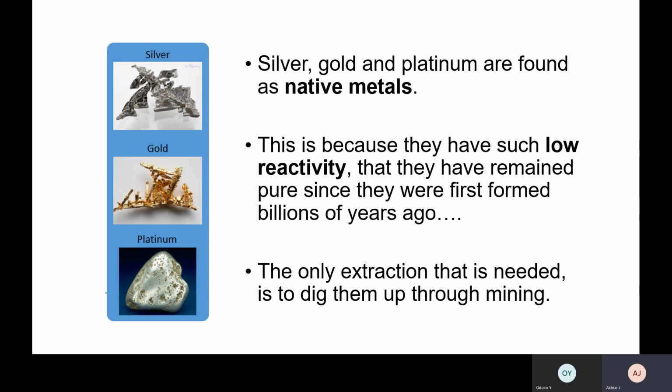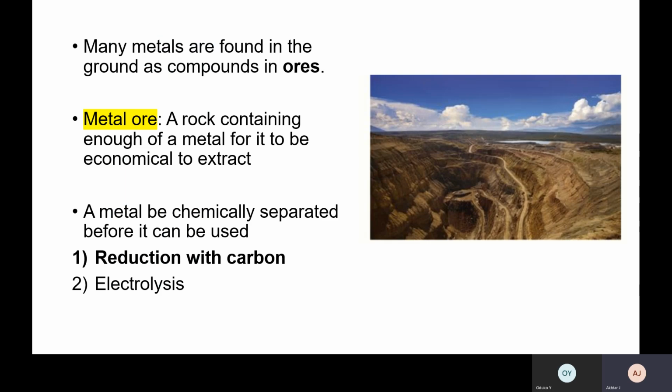They could be alloyed, which is like mixing them with other metals to change their properties slightly, but generally they are found in their pure native form because they are so unreactive. The rest of the metals, however, are often reacted with usually oxygen, and so the oxygen needs to be removed to purify them.